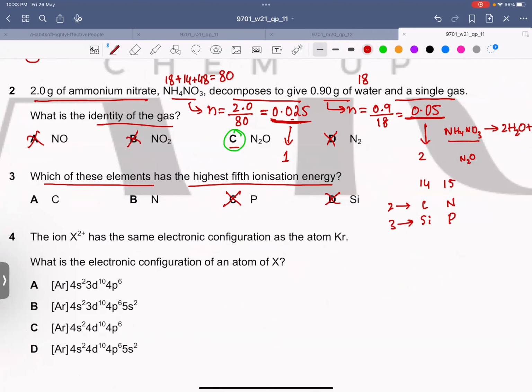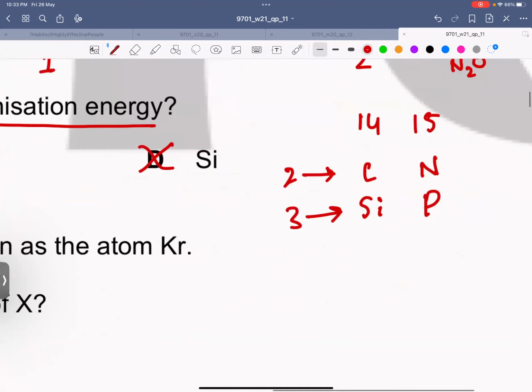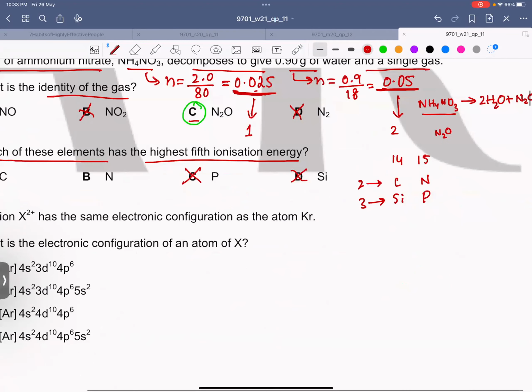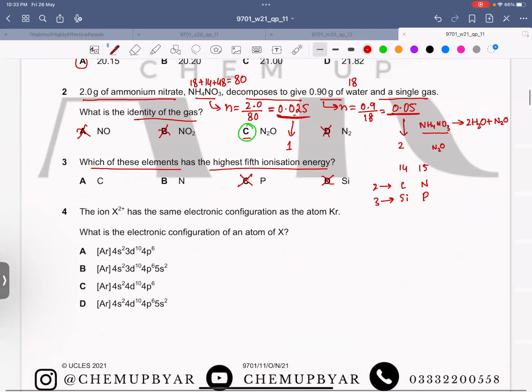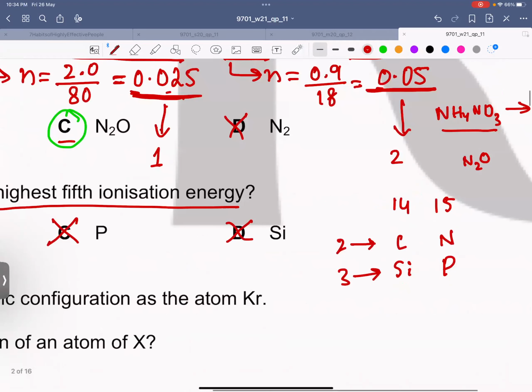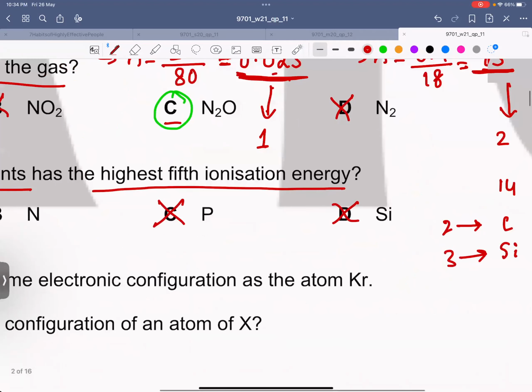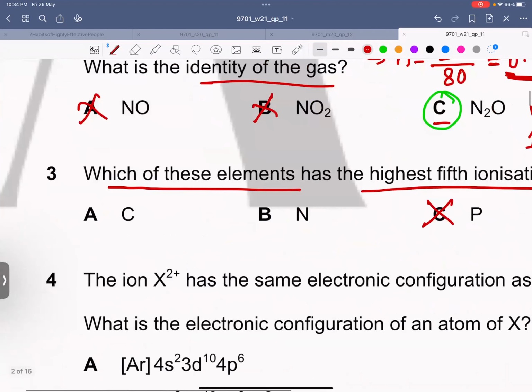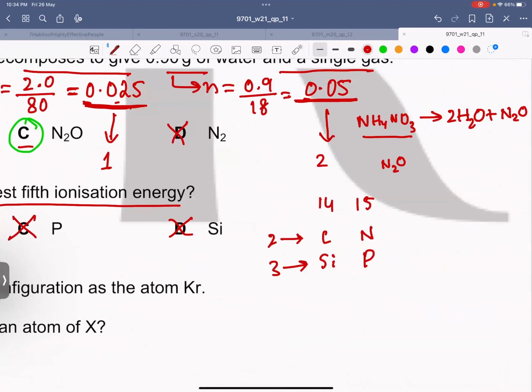Okay. The reason is, if you compare carbon and nitrogen, the fifth ionization energy of carbon would be higher than nitrogen. But if you have to explain, nitrogen is in group 5. So it means 5 electrons in the valence shell, right?